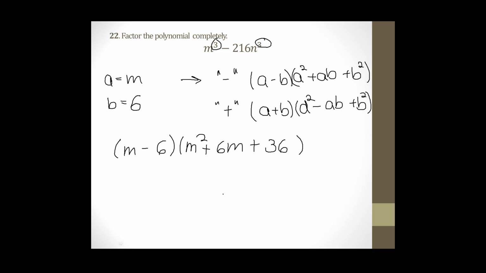There we go. If you look in your packet, this one, number 22, is answer choice C. So nothing complicated about it. The only thing you need to know is two formulas, the difference of cubes and the sums of cubes. Bang! That easy.